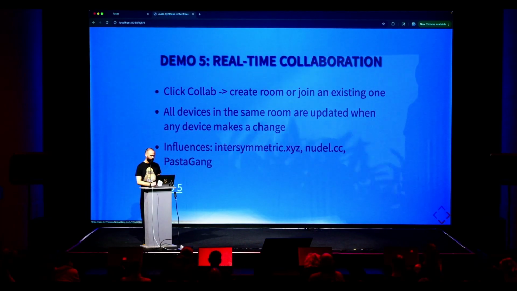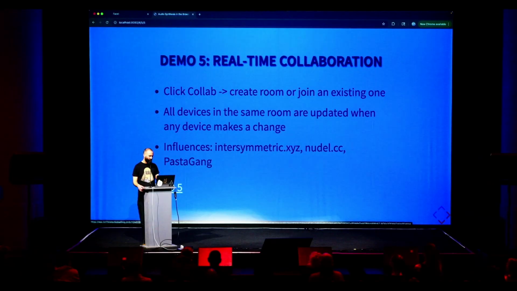All right, Demo 5 is based on some really interesting other work that I heard about in the last 5-6 years. I'll just say 6-7 years, just to make that joke. But so my kids are that age. The first one is Intersymmetric XYZ by Mark Fell, Ryan Trenner, and James Bradbury.